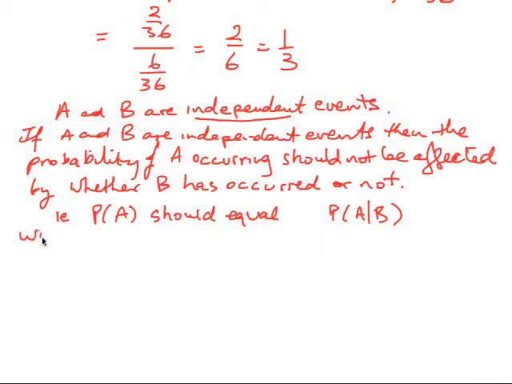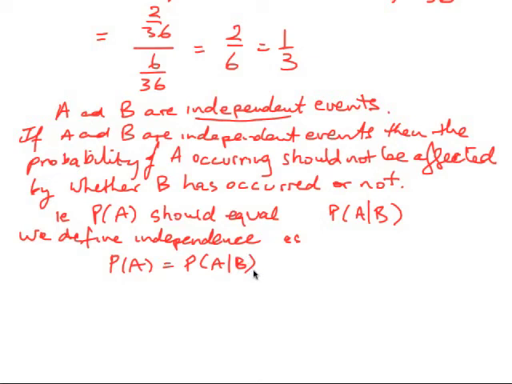So we define independence then as the probability of A is equal to the probability of A given B, or the probability of B is equal to the probability of B given A.